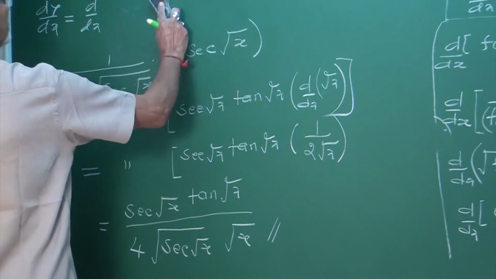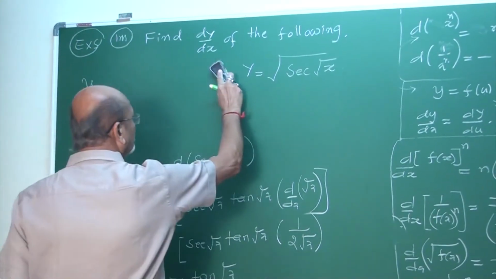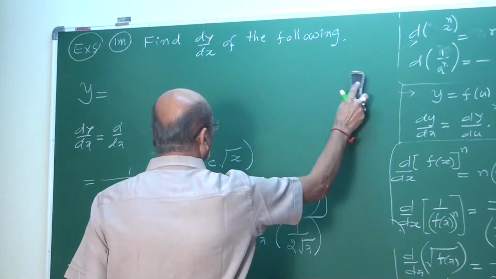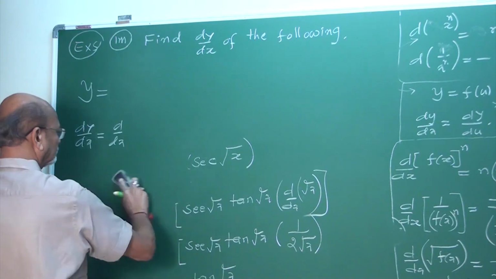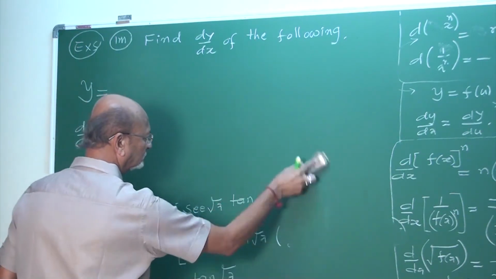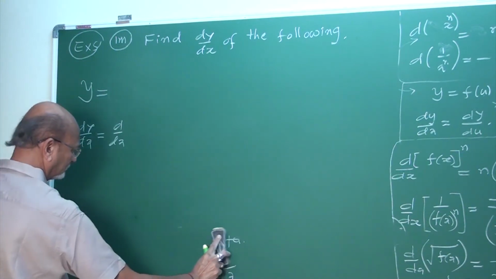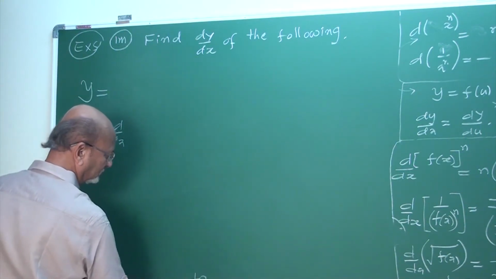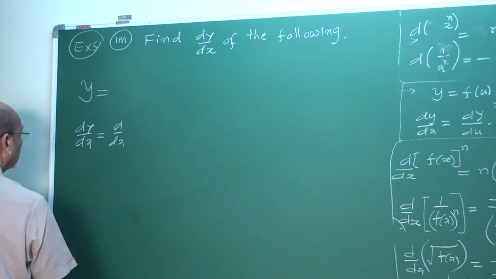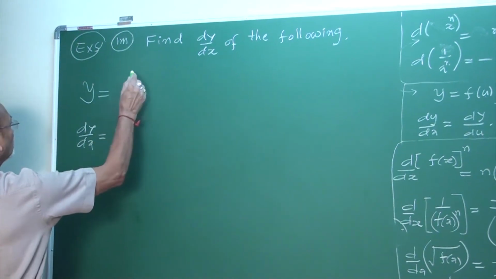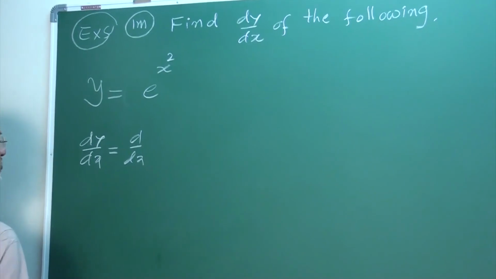Find dy by dx if y equal to e to the power x square.